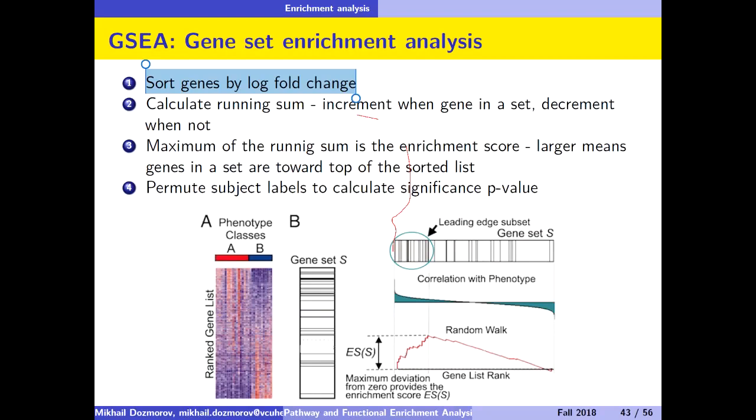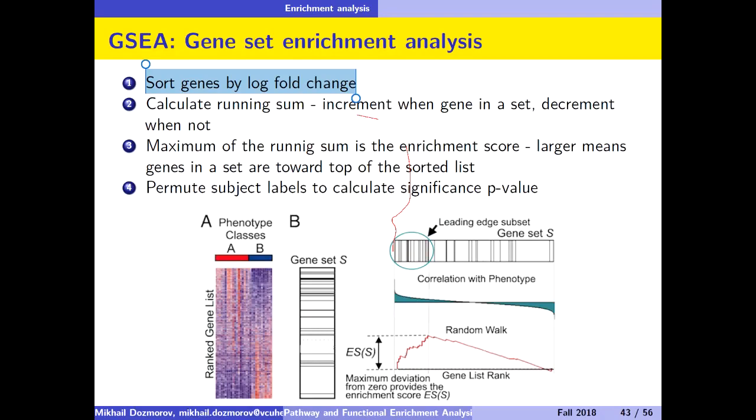And you can calculate, the lower right portion of the figure shows you how this enrichment score, ES, is calculated. You go down the gene list and you calculate the number of checkboxes. For example, this gene is in the hypoxia pathway, another in hypoxia, another.